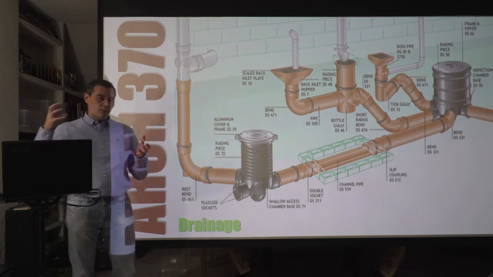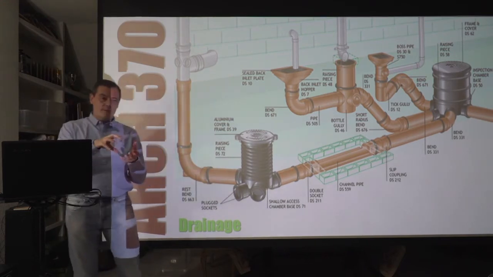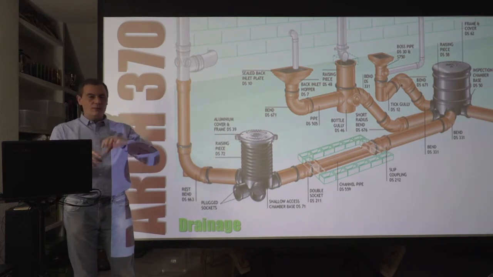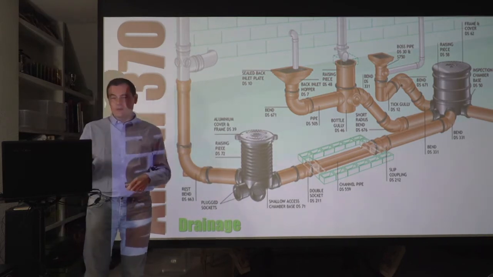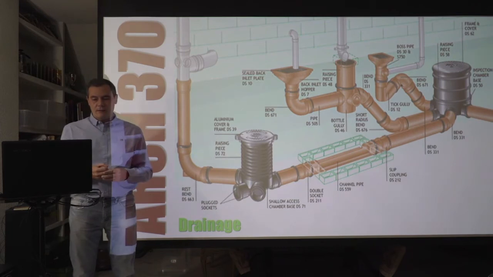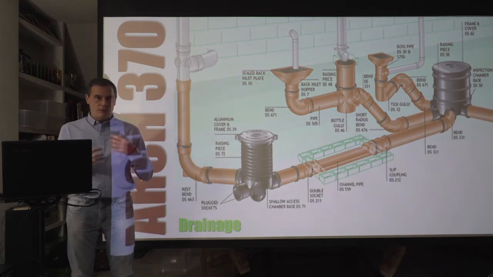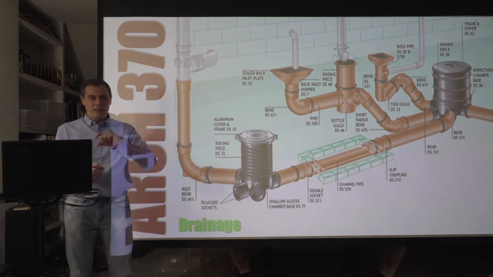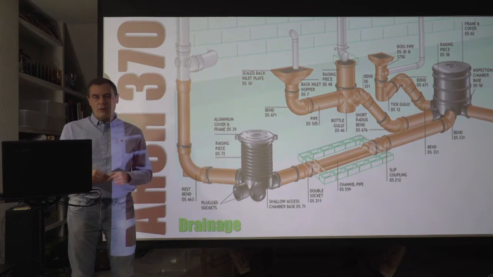So we need to provide the building with water, and then we need to take this water out of the building. And this is the drainage system. And we have to hide it. Usually we don't see this drainage system. We need to dimension it, and we need to place the pipes, and we need to place the vertical stacks, and we need to place the horizontal pipes in the right place.